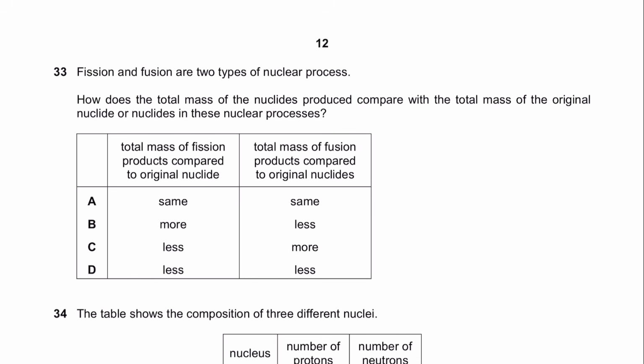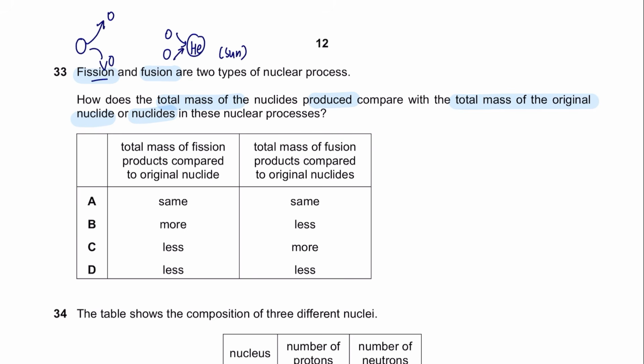Question 33. Fission and fusion are two types of nuclear processes. Fission is when you have a nuclide split into two, and fusion is when two hydrogen atoms fuse together to become helium, and only happens in the sun. How does the total mass of the nuclides produced compare with the total mass of the original nuclide or nuclides in the nuclear processes?